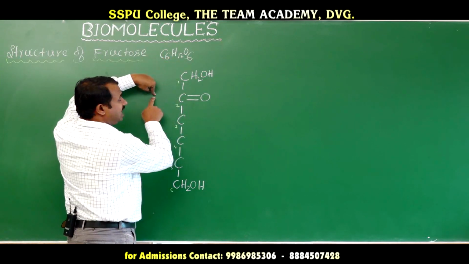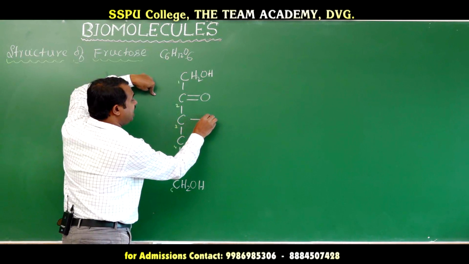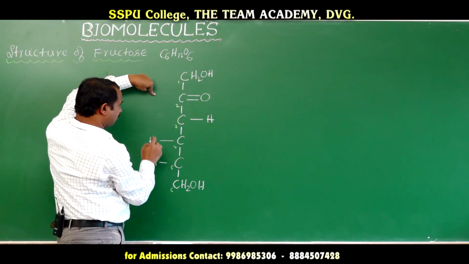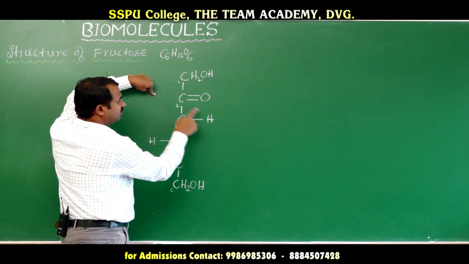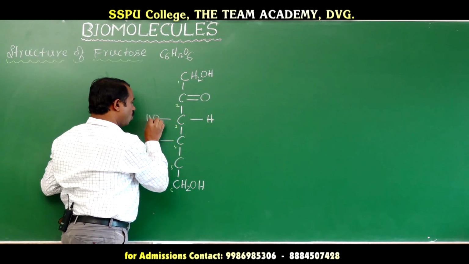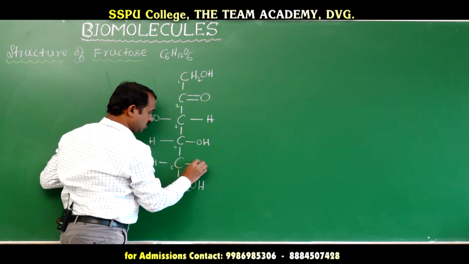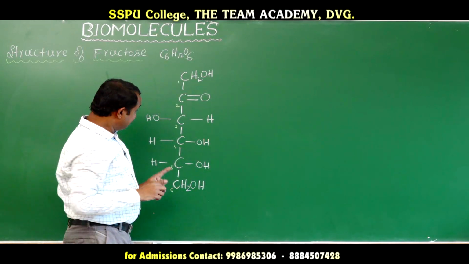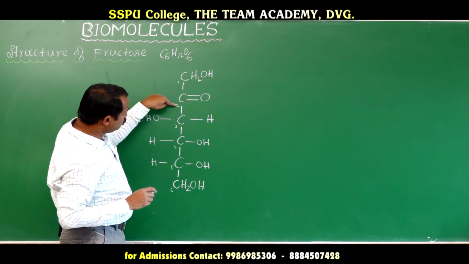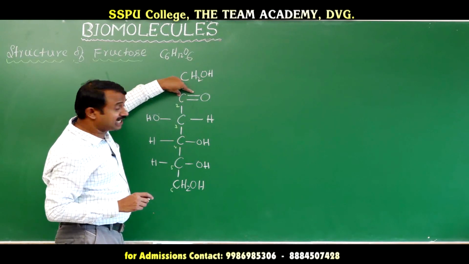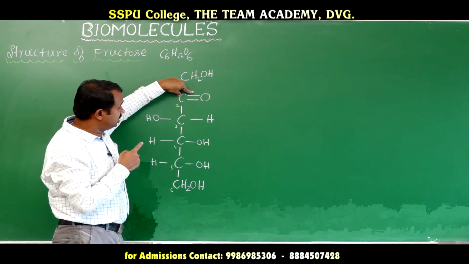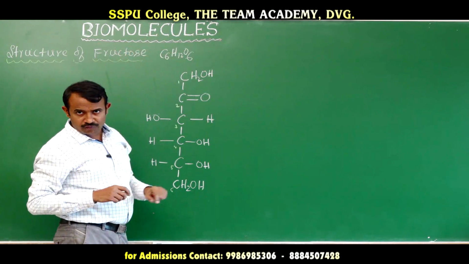The OH groups are on the right, left, left, and left sides in turn, the hydroxy group is the same. This is the structure of fructose. Here the C2 carbon is a ketone functional group, that's why it is a ketose sugar.